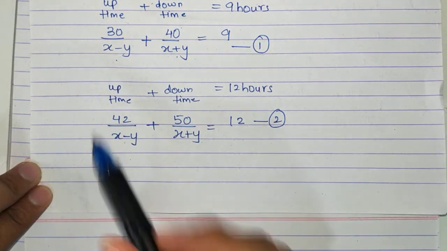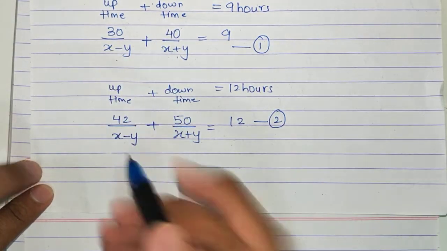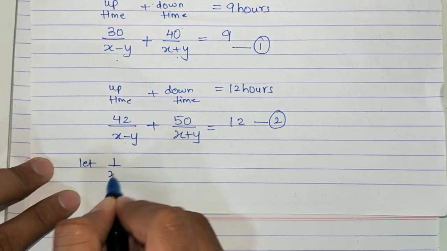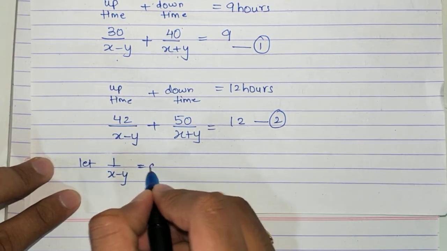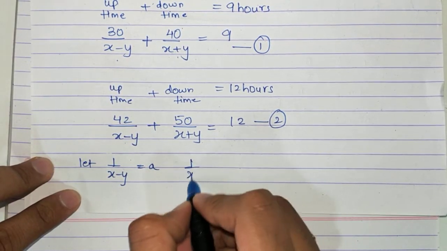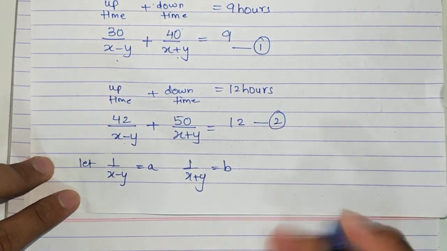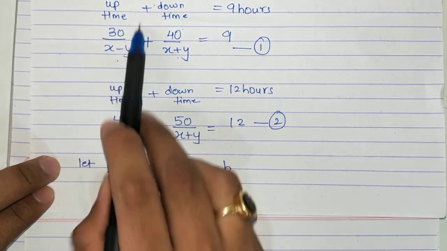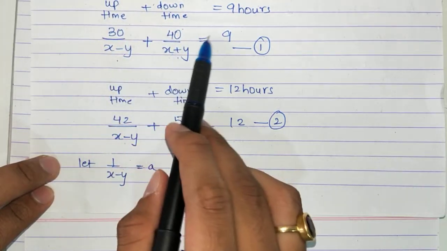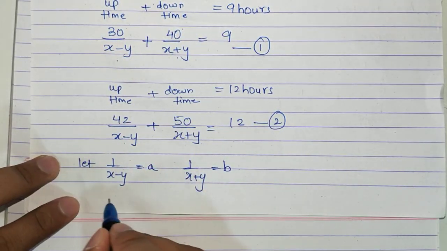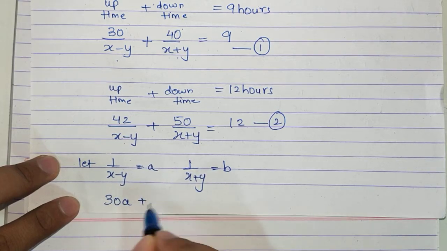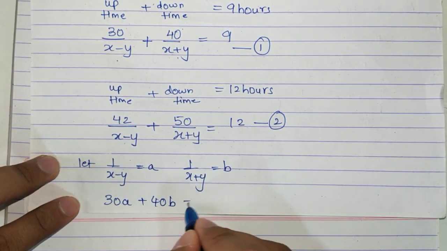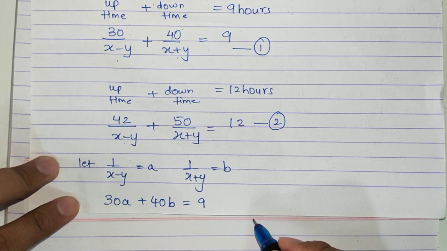So what we'll do, take 1 upon x minus y, let 1 upon x minus y be a and 1 upon x plus y be b. Okay, so ये हो जाएगा 30a plus 40b equals 9. So the first equation will become 30a plus 40b equals 9.